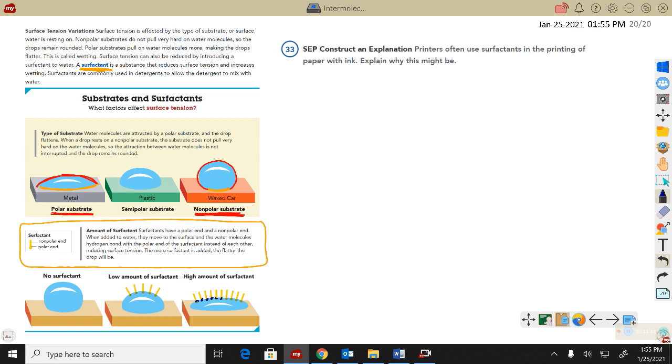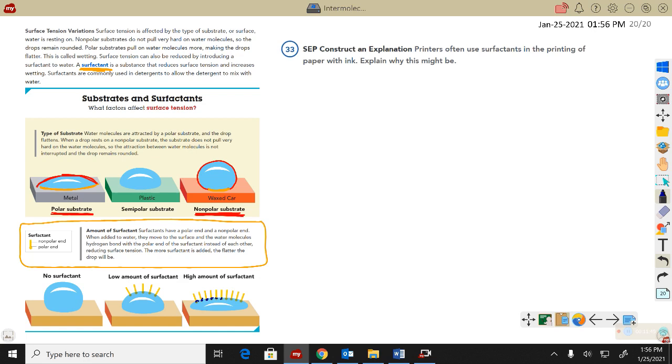So the water molecules separate a little bit and let in these surfactant molecules. But it has to be in the proper orientation. It's the polar end of the surfactant that's allowed onto the surface of the water. Now again, because that breaks the surface tension, it allows the water molecule to spread out instead of just forming a bead.